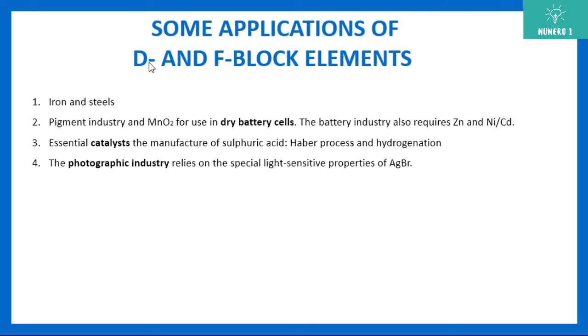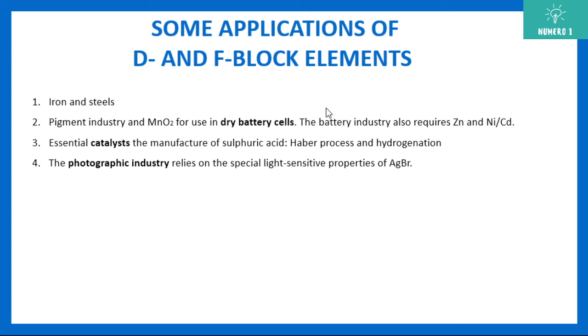Lastly, some of the applications of d and f block elements. We have seen most of them. They can be used in construction, iron and steel. We know MnO2 is used in dry battery cells. Zinc, nickel and cadmium are used in the battery industry.